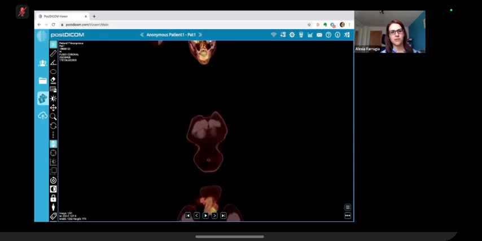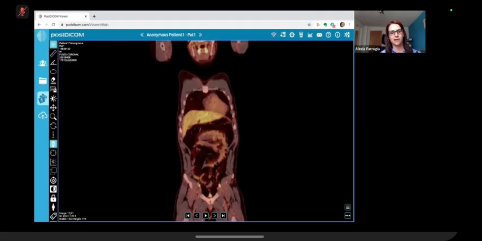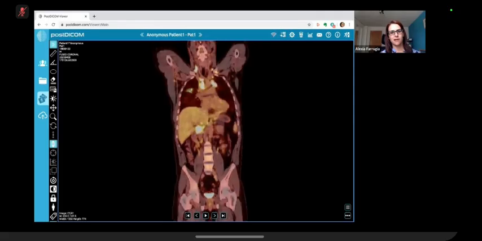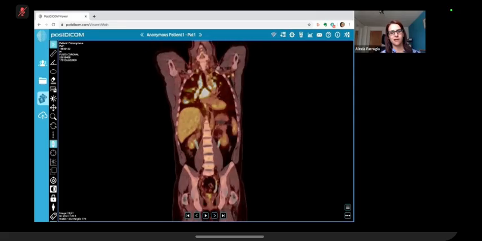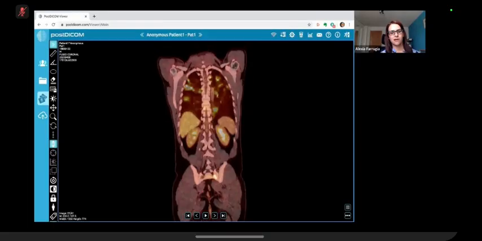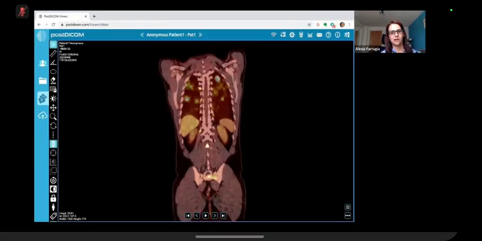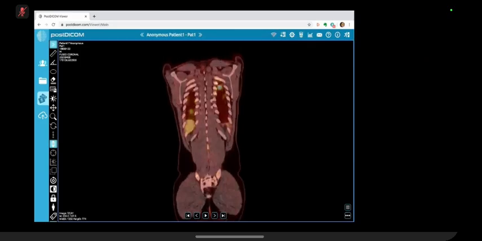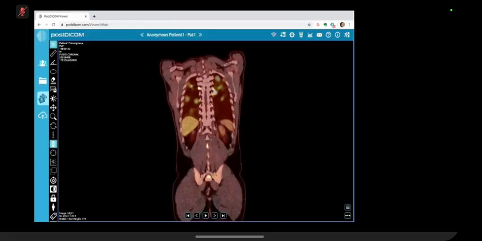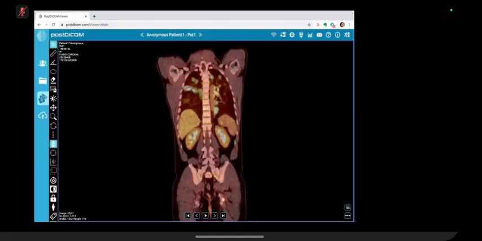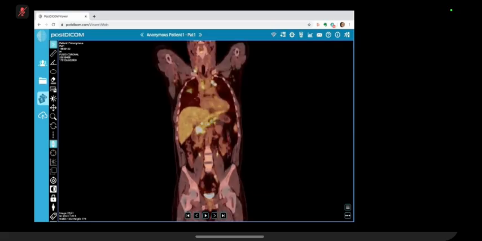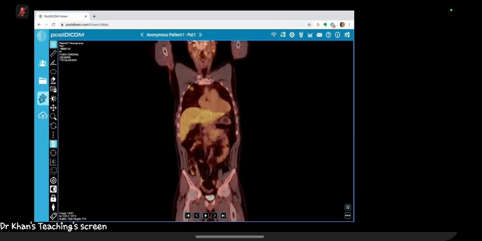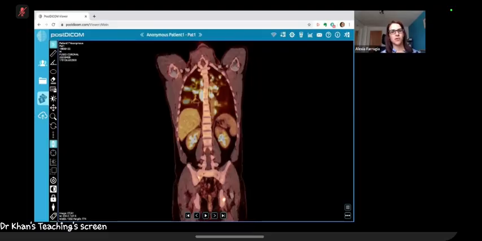I'll scroll through the PET. It's got quite florid areas of uptake in the lymphatics, but in the lungs as well as bones, especially the spinous processes. Yes. So it was thought that this patient had a diffuse malignancy.